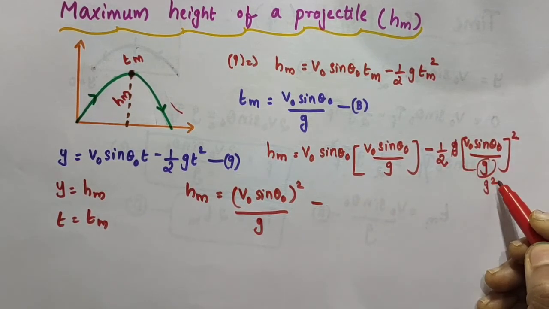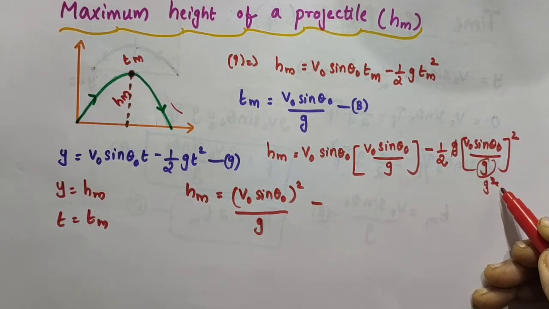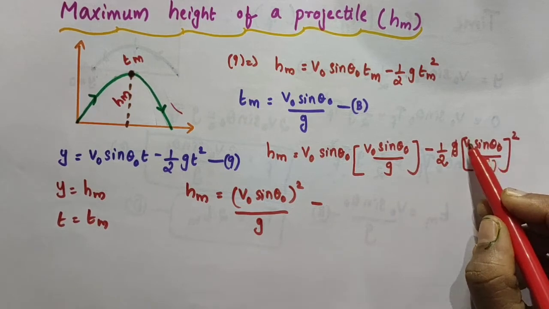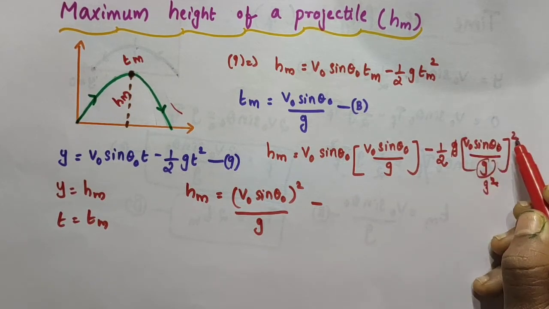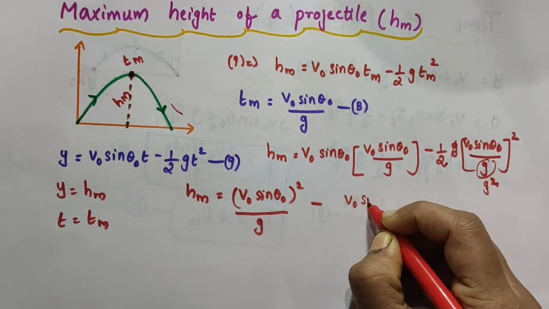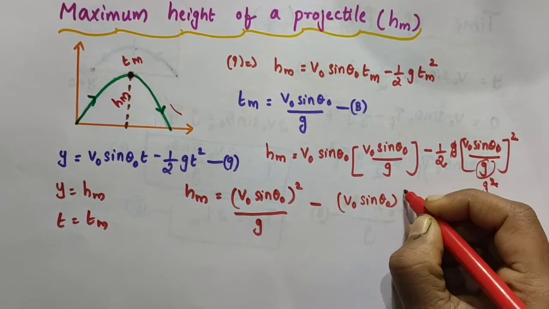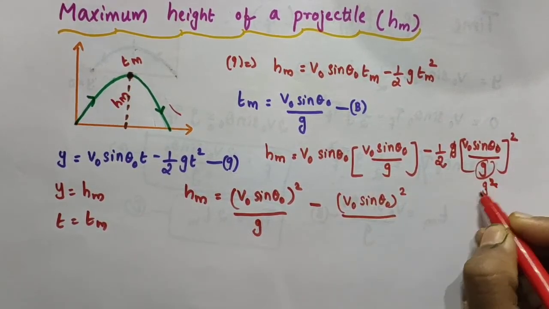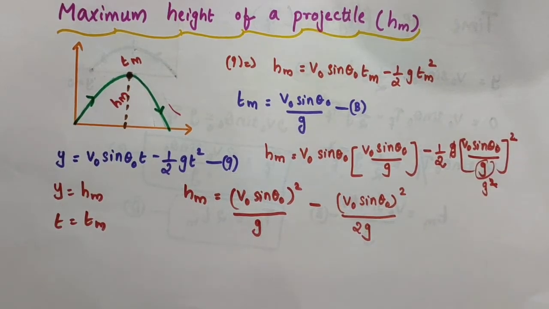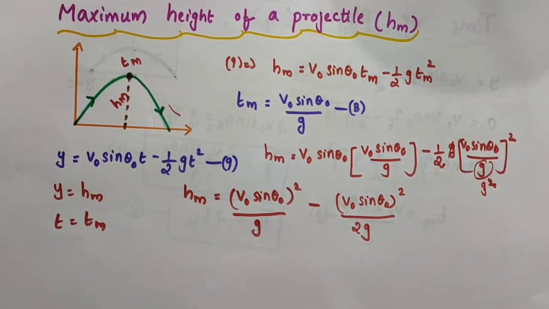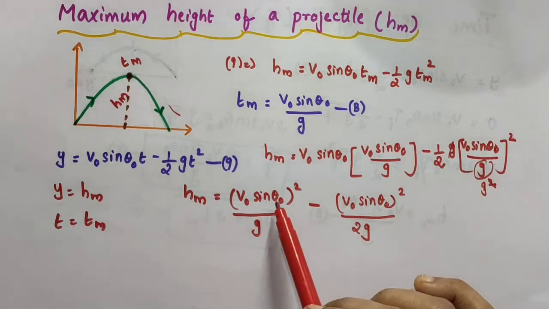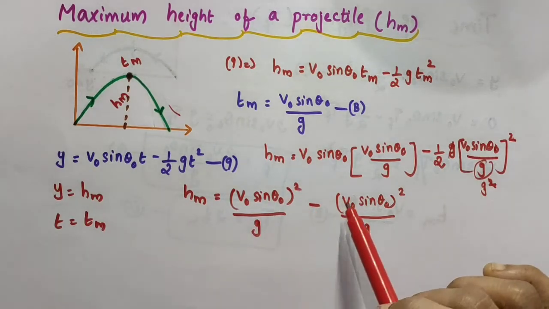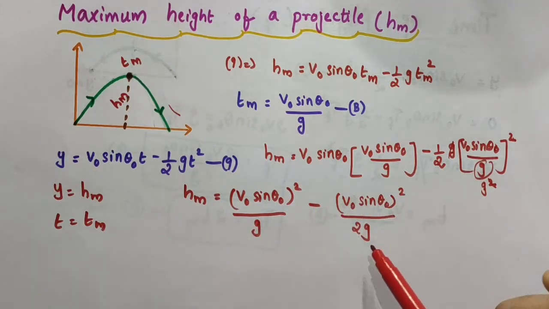So one g from the numerator and one g from the denominator can be cancelled. So the numerator will be (V0 sin theta 0) the whole square, divided by 2 into g. Now you see (V0 sin theta 0) the whole square divided by g, minus (V0 sin theta 0) the whole square divided by 2g.